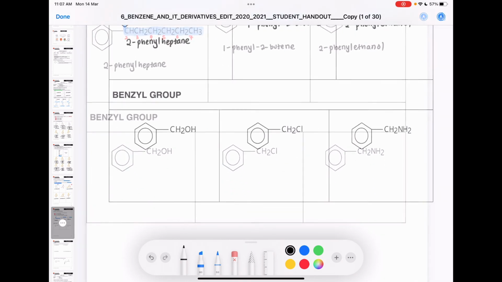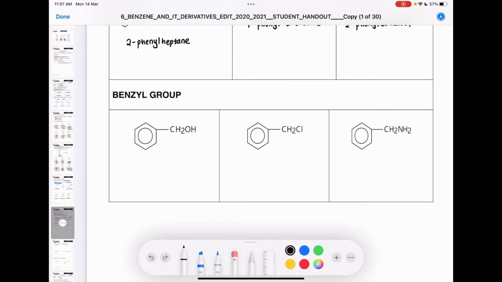And finally, the benzyl group. Benzyl is when you have this benzene ring attached to CH2 and then a functional group. So whenever you see something like this, you start naming it with benzyl first.